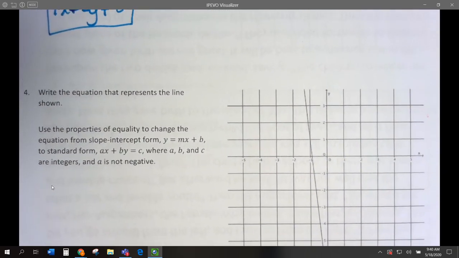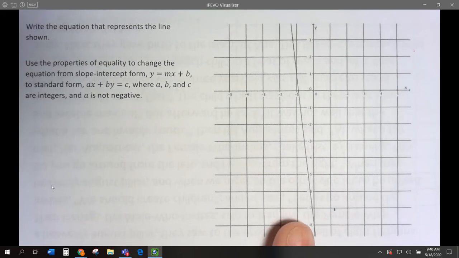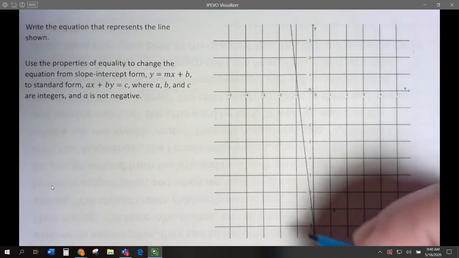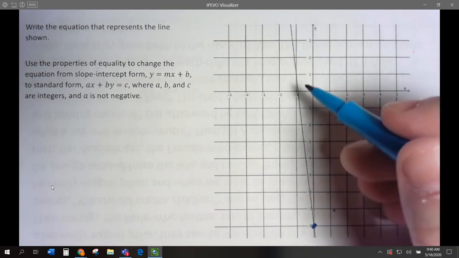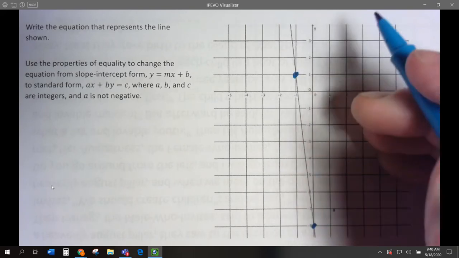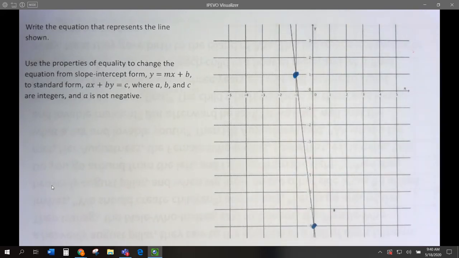And for 4, once again, we've got to find our slope and our y-intercept. I'm going to choose this point and this point. Do our rise over our run.